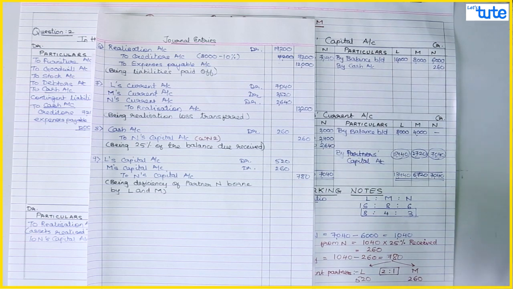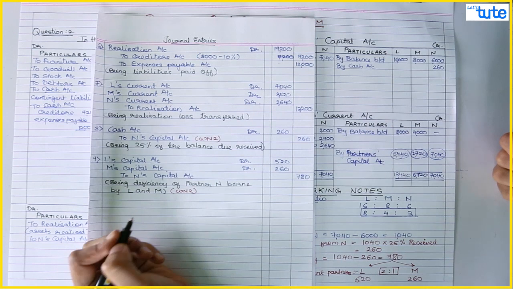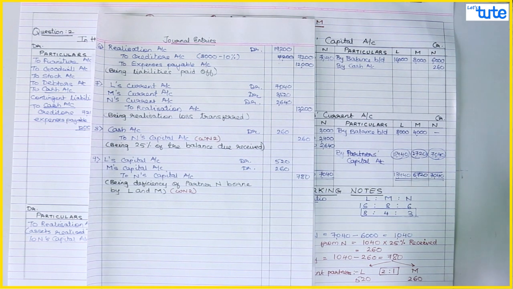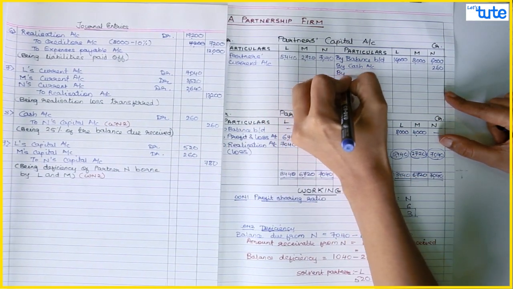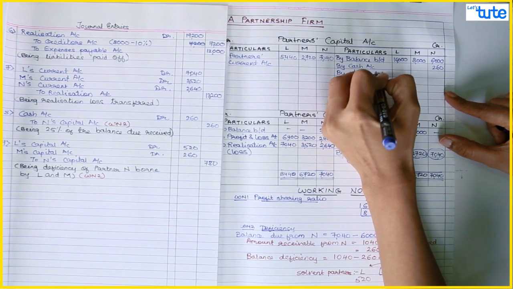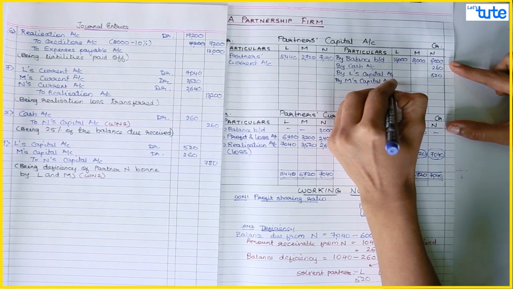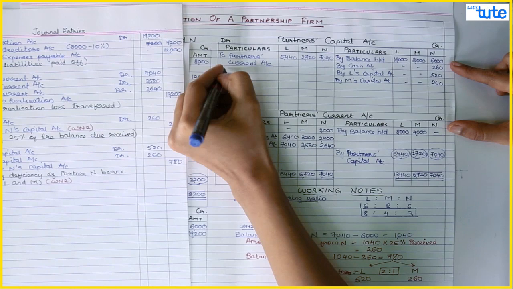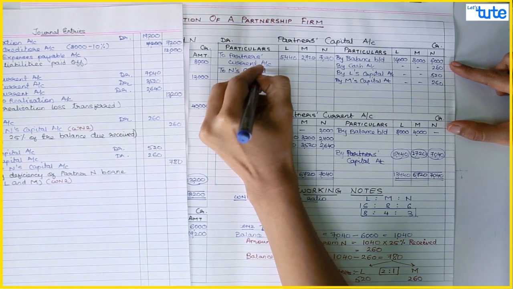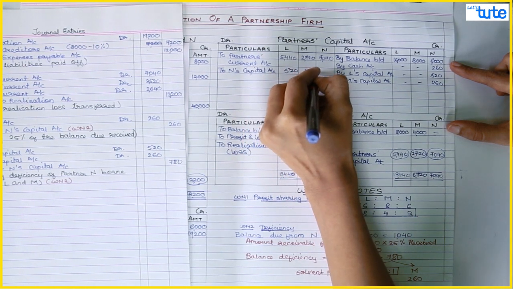Okay, we can also give the reference for working note 2. Whenever you prepare a working note, it is always better that you give the reference. Now do the posting for the same. It would be credited to N's capital account by L's capital account 520 and by M's capital account 260, and it would be debited to L and M capital accounts, to N's capital account in L 520 and 260.